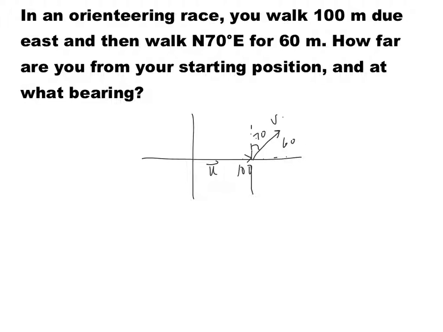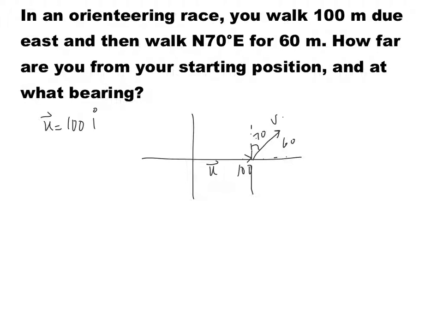Okay, to do this one, I'm going to represent each vector as components. So I know that U is 100i because it's going toward the positive direction in x. And for v, we have to find the components.